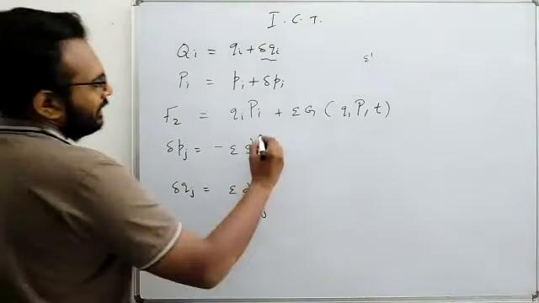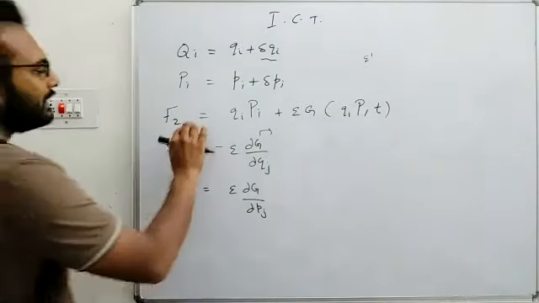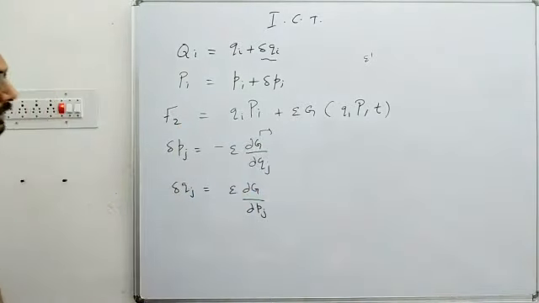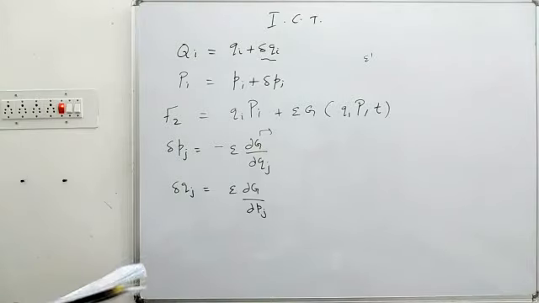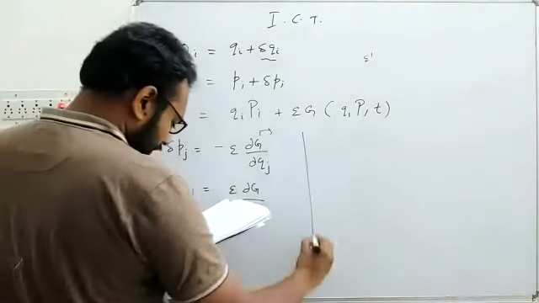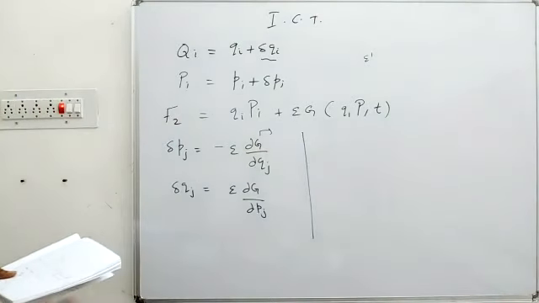This G is often referred to as the generator of infinitesimal transformations, although the full generator is actually F2, but this G is usually talked about as the generator of infinitesimal transformations. And then we talked about the active and the passive views of canonical transformation.